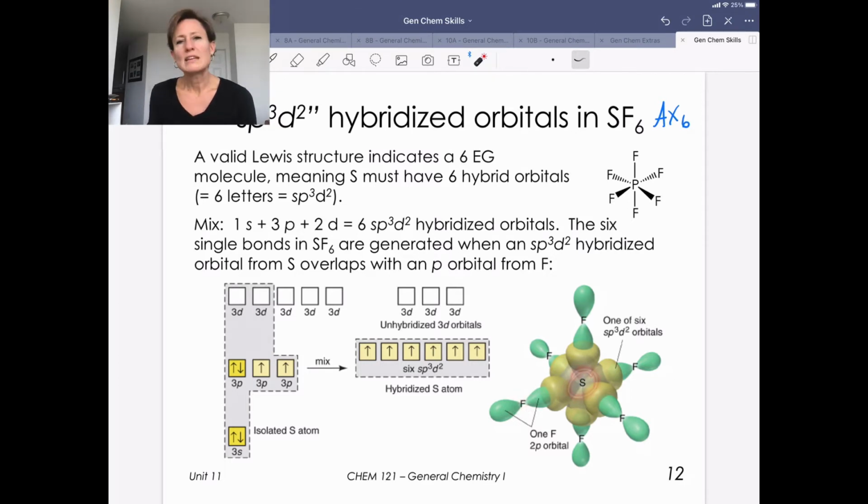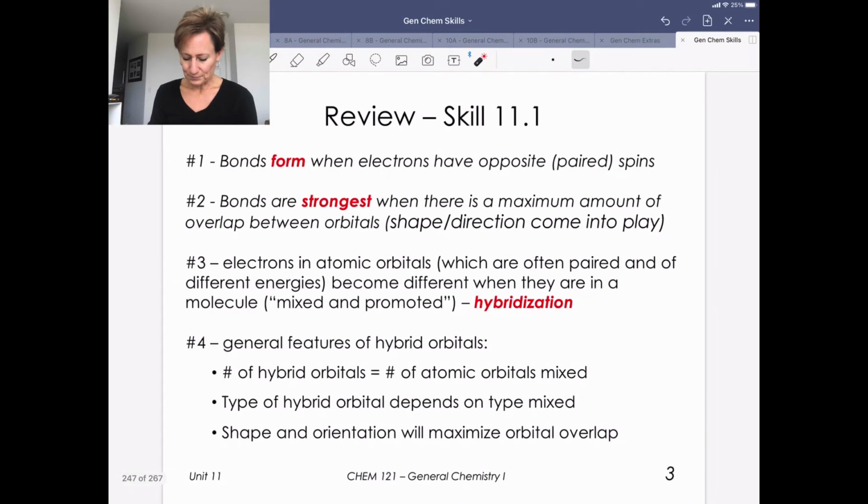The central atom needed to be hybridized because it was forming more than one bond. If you're only forming one bond, like we have with these fluorine atoms, then we don't have hybridization of that orbital. So again, we already talked about the how and the why and how you get the letters for hybridization, but what we're going to focus on now in this skill is how those hybrid orbitals, or those unhybridized orbitals for that matter, overlap.